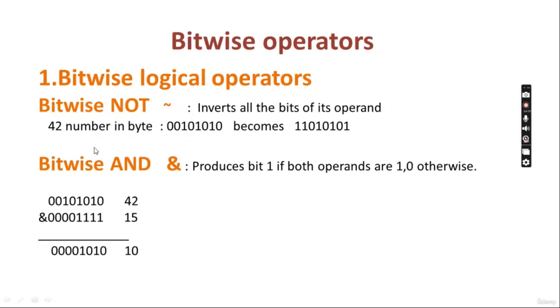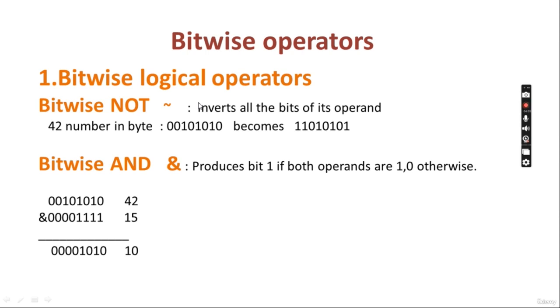Then bitwise operators. There are bitwise logical operators. We will see that bitwise NOT inverts all the bits of its operand. The number 42 in binary is 00101010, and when I invert it, it becomes 11010101.